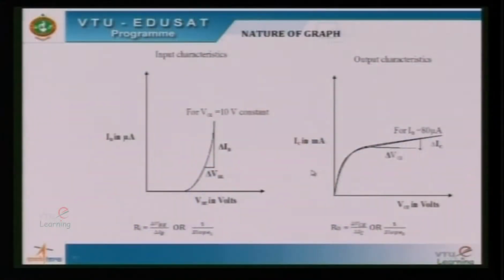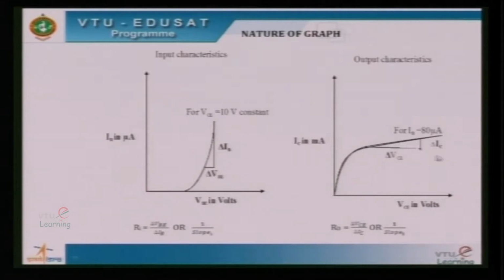Output characteristic curves are plotted between the collector current IC and VCE, which shows large variation in the current initially for small voltages, and in the later stages very small variation in the current value, ensuring the saturation region of the transistor, where the transistor can be used as an amplifier.